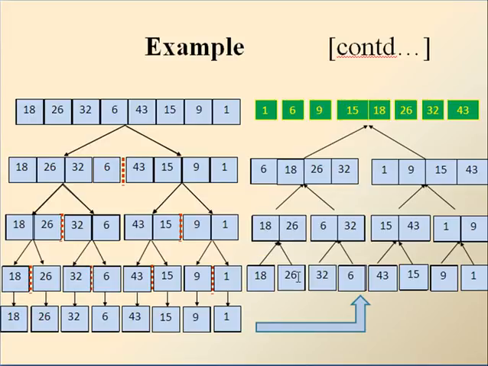These are already in correct order, so it will be merged like this. 32 and 6 while merging will become 6 and 32. Similarly, while merging these, first there will be 6, then 18, then 26, then 32. Similarly, we will repeat this for the other side also, and finally we merge these two arrays in the correct order. So this is the entire example of merge sort.